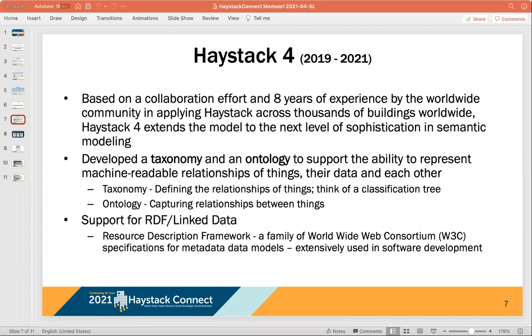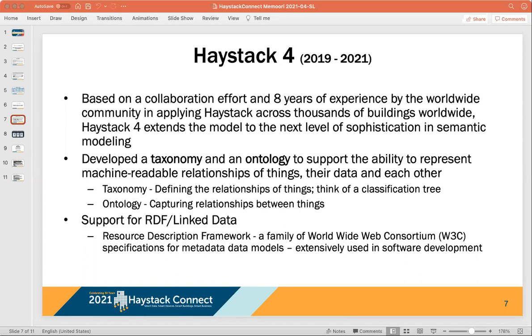And then it also included support for what's called RDF, Resource Description Framework, which is a very sophisticated software technique for defining relationships of data, and a way that people want to look at the relationships between data as they're building software applications. So Haystack 4 embodied all of this, in this incredibly brief touch on the subject, and then went out for public review.